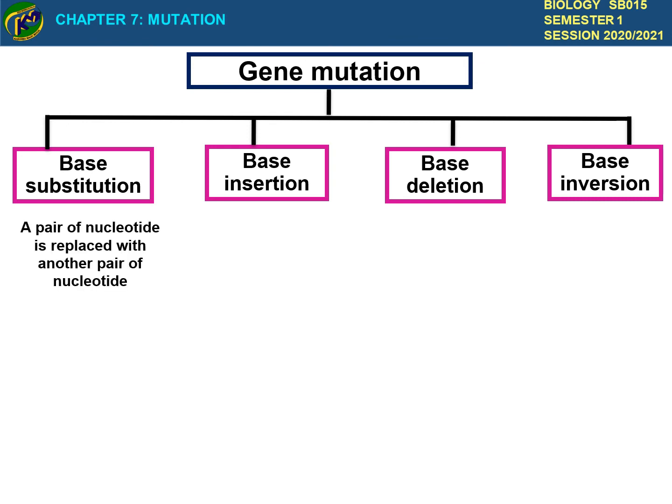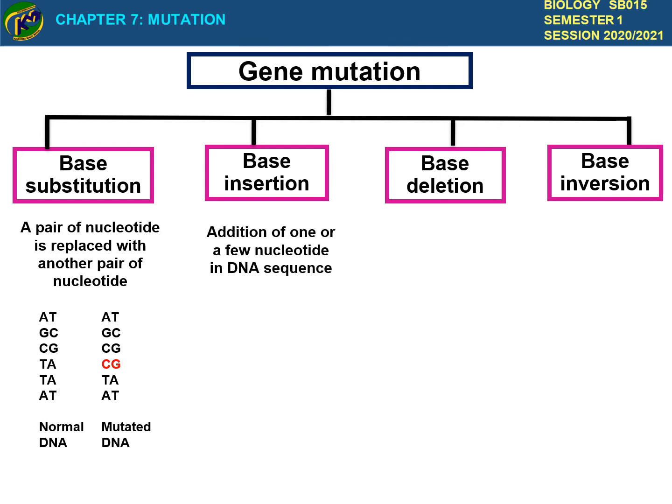Base substitution occurs when a pair of nucleotides is replaced with another pair of nucleotides. For example, a pair of nucleotides that consists of cytosine and guanine replaces the fourth base pair in normal DNA. Next is base insertion. Base insertion is addition of one or a few nucleotides in the DNA sequence.